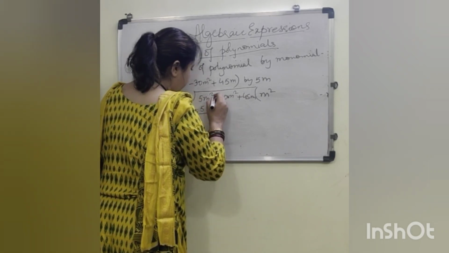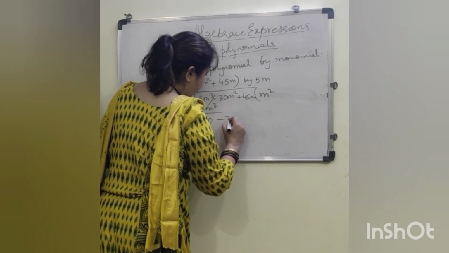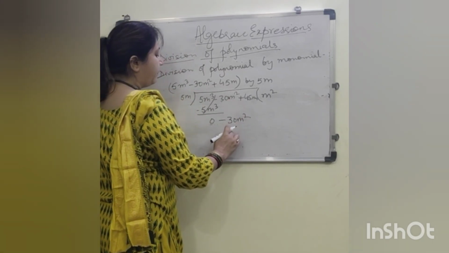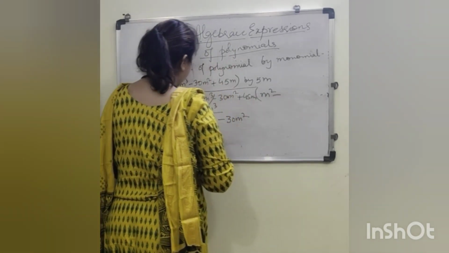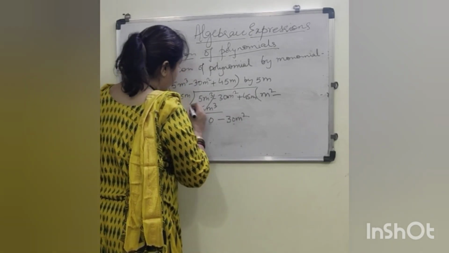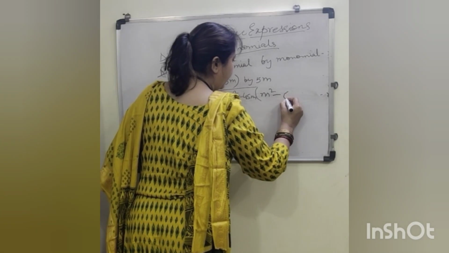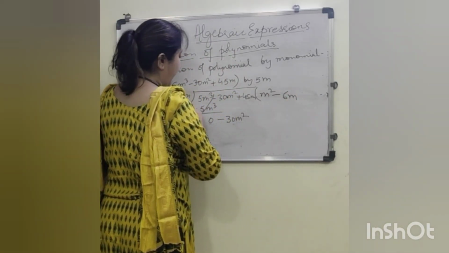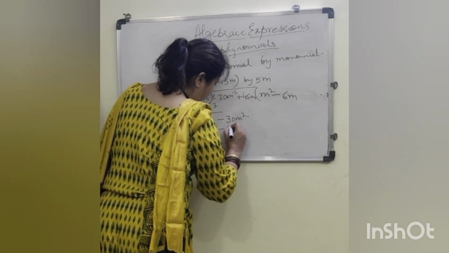Subtract, cancel, 0. Now minus 30m square. The term that you have brought down has minus sign, so here we will have minus sign. Here it is 30, so here it is 5. We multiply by 6m. So 5m into 6m is minus 30m square.